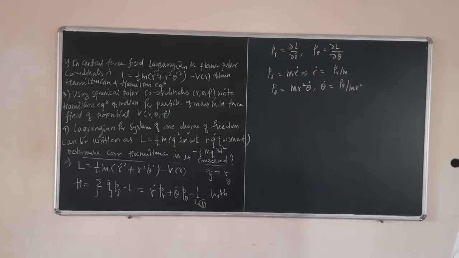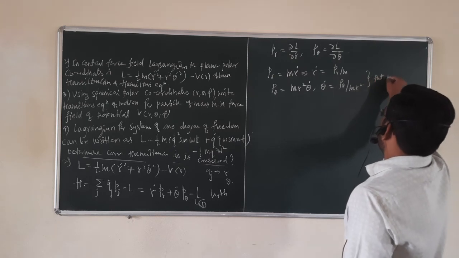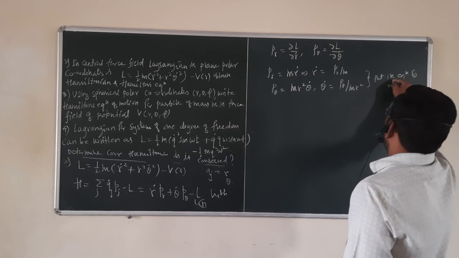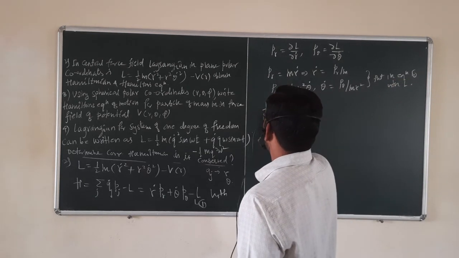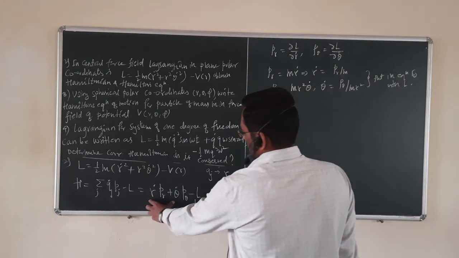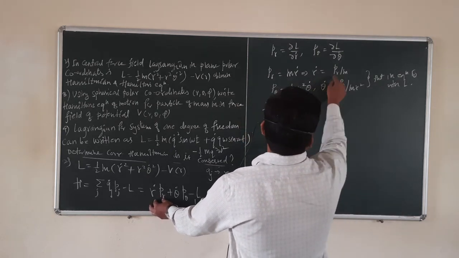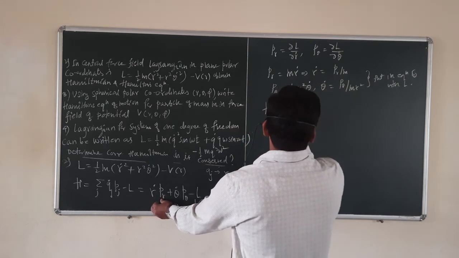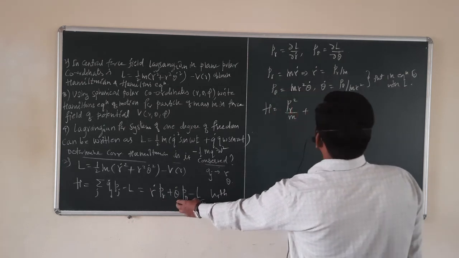Now if we put this in equation 1 with the Lagrangian, we get the Hamiltonian is equal to r dot multiplied by pr. So r dot is what? pr upon m. So if you put r dot here, we will get pr square divided by m plus theta dot multiplied by p theta.